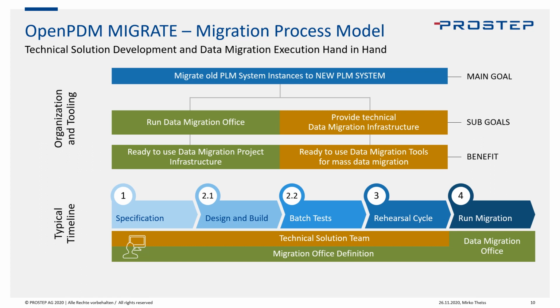And then they can help with the specification, develop the scripts, do the testing of those scripts with the migration office, do the rehearsal cycle, so execute those rehearsals, also with the migration office, and many times actually run the production migration as well. In some cases, the migration office team will execute the final migration. But a lot of times it's a coordinated effort between both teams.